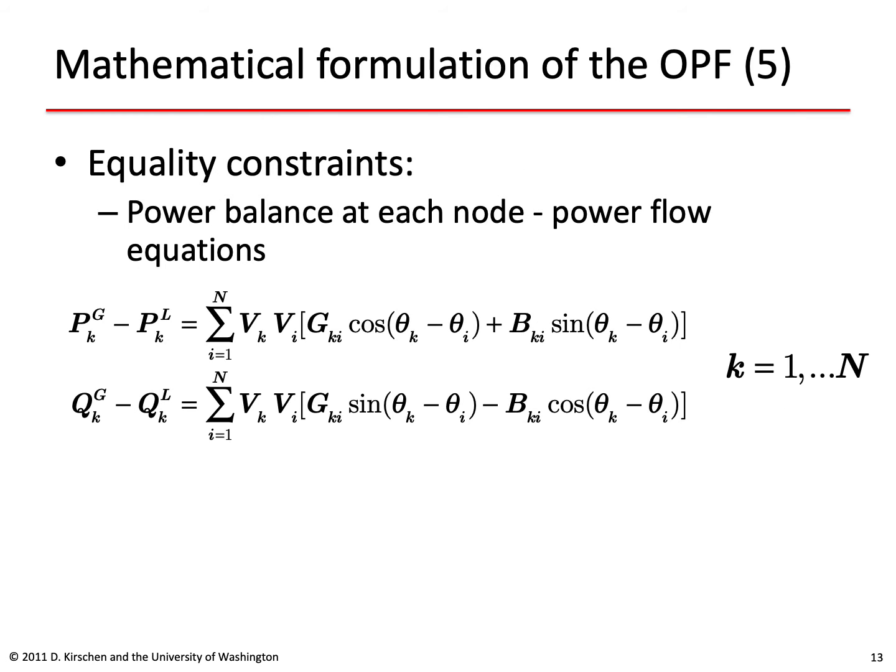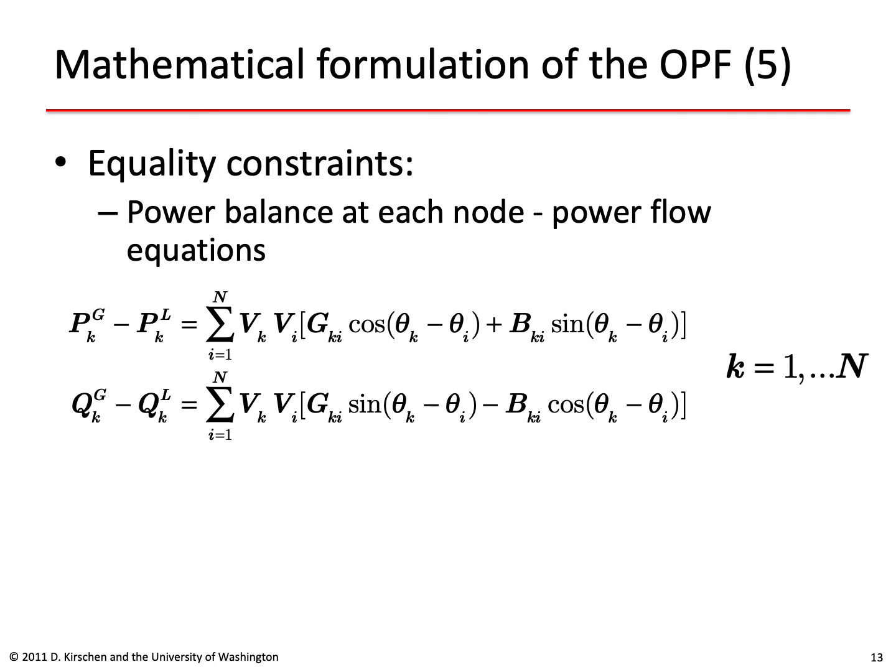The main and fundamental difference between economic dispatch and optimal power flow is that in the optimal power flow we explicitly take the network into consideration. We do that by introducing the power balance equations at each node, the power flow equations that we have seen before, as equality constraints in the optimization problem.